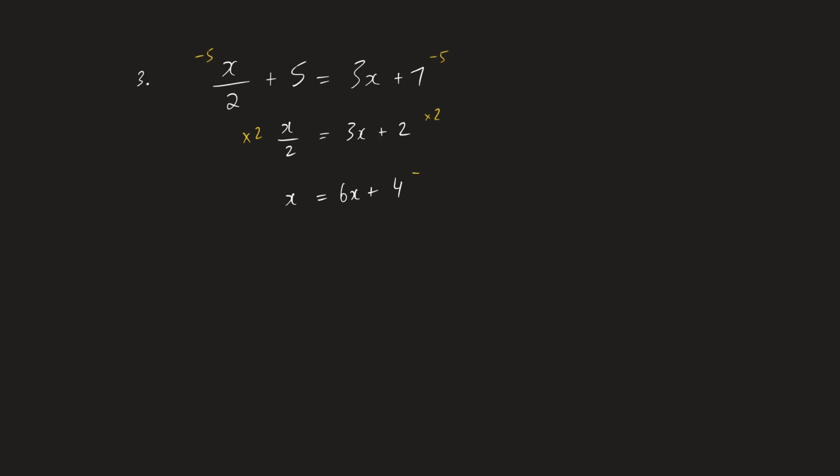If I subtract 6x from both sides, it's going to give me negative 5x is equal to 4. And finally, divide by negative 5. And I can say that x is going to equal negative 4 over 5.